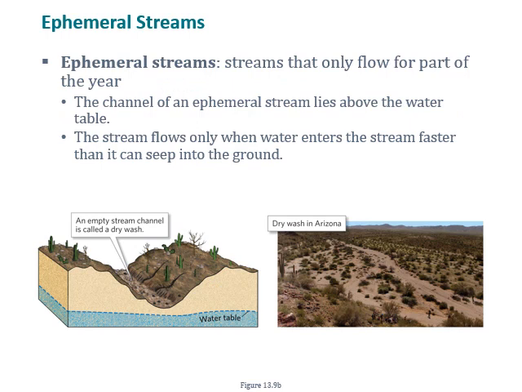Ephemeral streams exist more often in arid environments, and they only flow for part of the year or as a result of individual rainstorm events. The channels of ephemeral streams lie above the water table, where water from groundwater does not contribute to the stream.